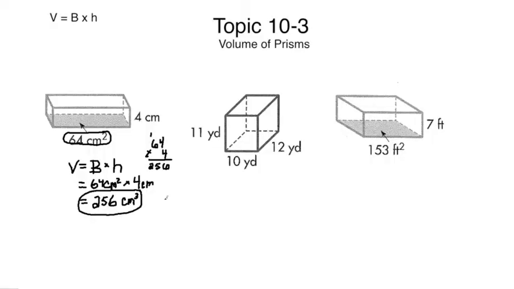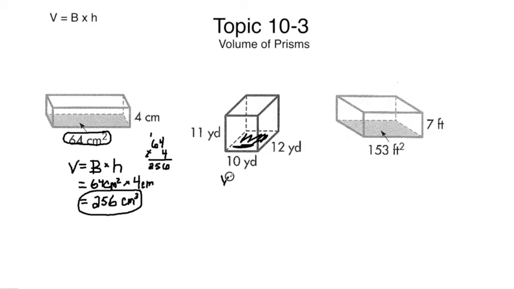Okay. Now, go ahead and push pause, but don't forget, they didn't give us the base area. We have to do the base area, so you're going to have to plug in a second formula, as you did in topic 10-2. So go ahead and push pause and see what you come out with. All right, I'm going to establish this bottom part, that's 10 by 12, as my base area.